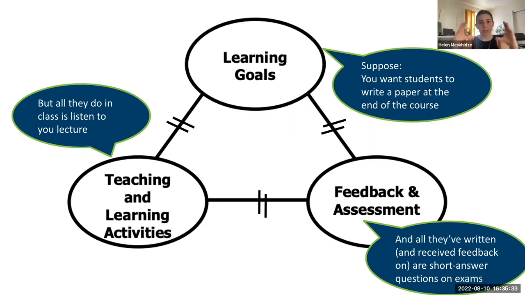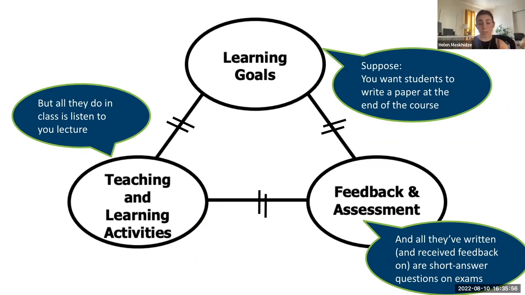So this is just like a train wreck of a course that is totally misaligned. Students will produce papers that instructors will deem as not very good by the end, but it's not their fault. They weren't trained to do this. They didn't practice it, and they haven't gotten feedback on it so far. And so this is really a misaligned course.